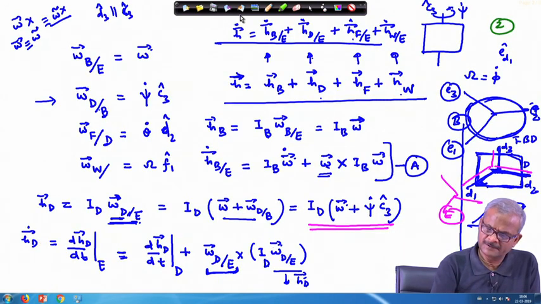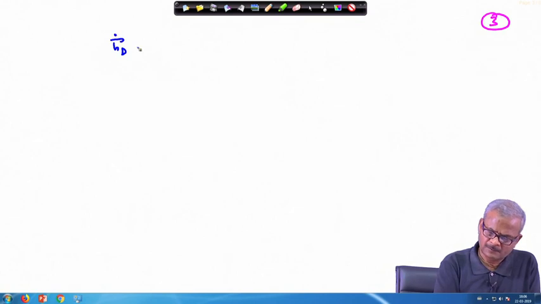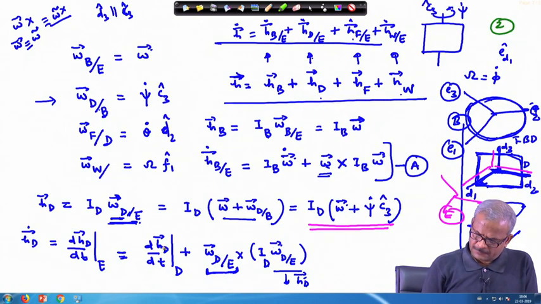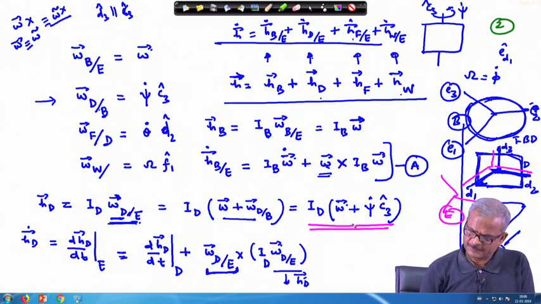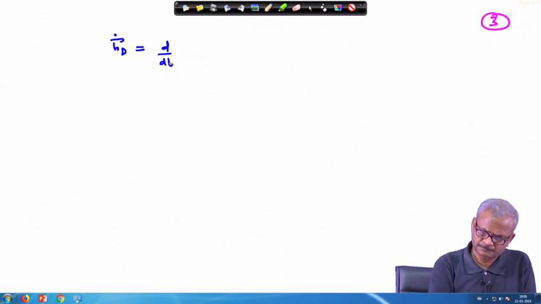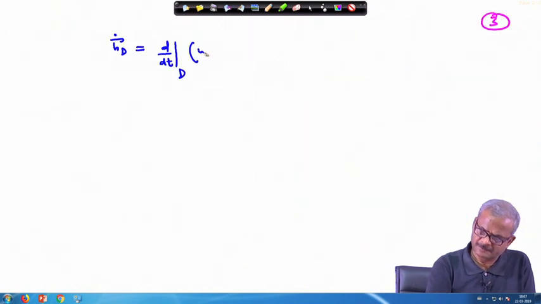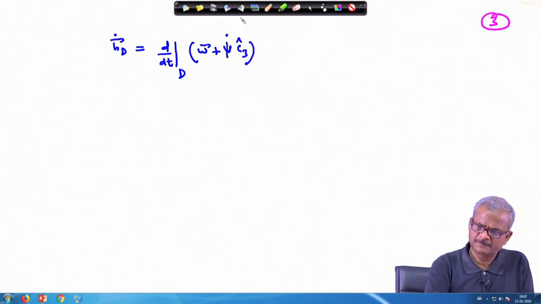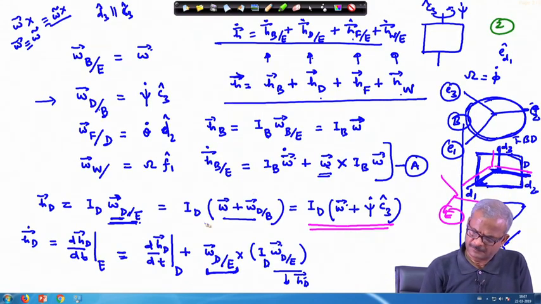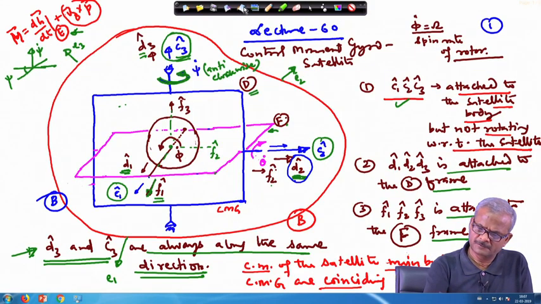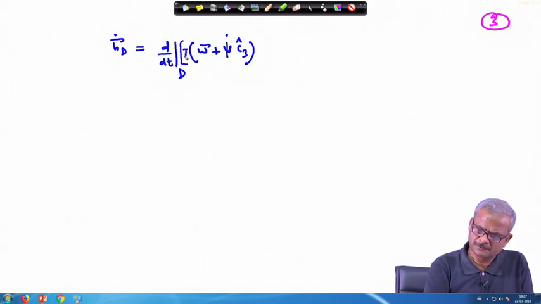So, we have H dot d, d h d by d t. This is the quantity H d we have to insert there with respect to the D frame, and this is omega plus psi dot times C 3 cap, and then I d is also there.